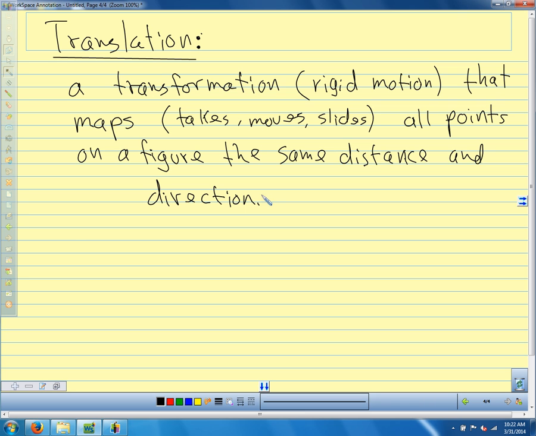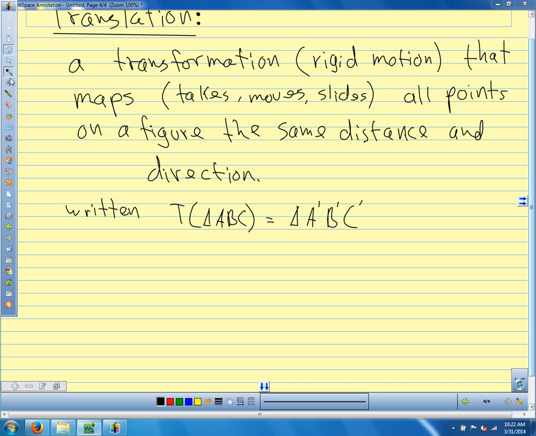The way we write them, our symbol for a translation, T for translation, triangle ABC equals triangle A prime, B prime, C prime. So what we're saying here is we have a triangle here.